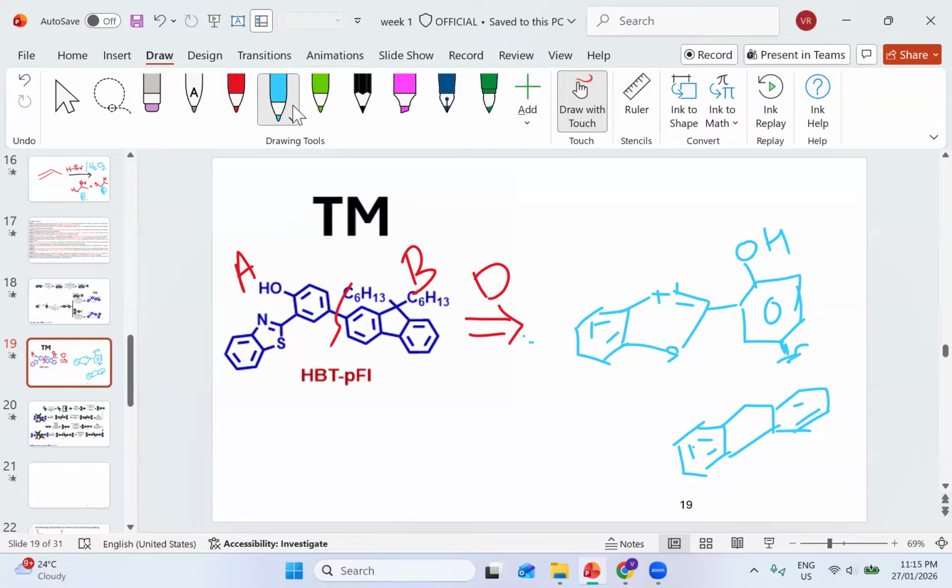So let's say this is the positive and this is the negative, or vice versa. So at this position, it might be the positive charge, and here there will be negative charge. I will draw this C6H13 chain just like with the methyl one, just for simplicity. Okay, so we get the two parts of this molecule, and they are the synthons.